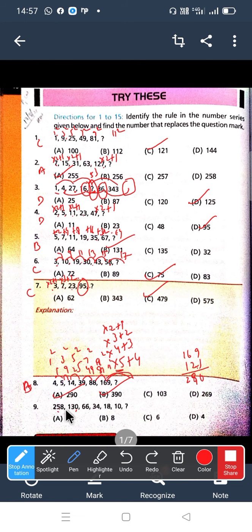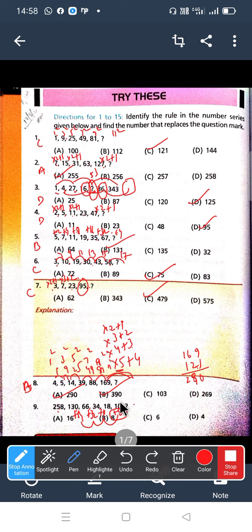So here 258, 130, 66, 34, 18, 10. If you observe the gap between each one, here the gap is plus 8. Next one is plus 16, next one is plus 32, next one is plus 64. That means every time they have multiplied by 2. So which number into 2 is 8?